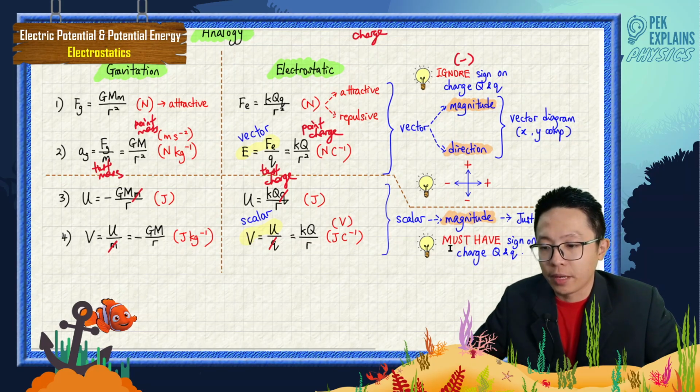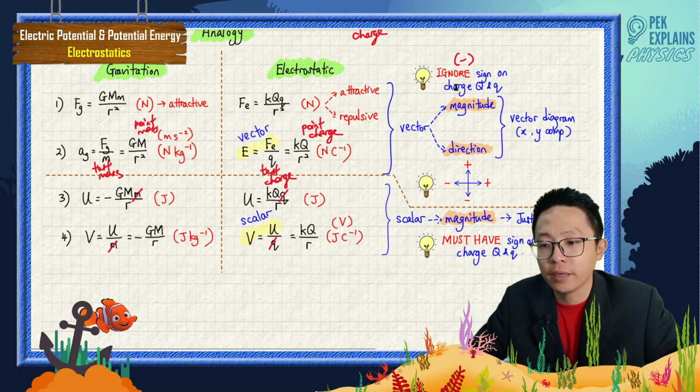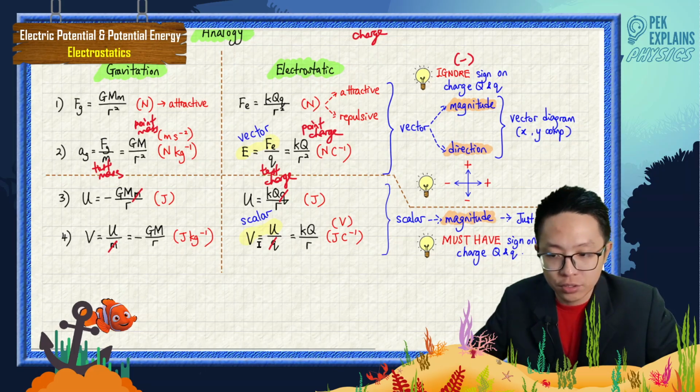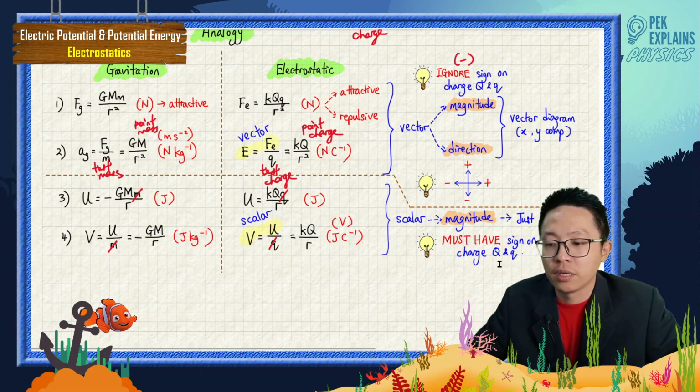But unlike the vectors force and electric field strength, where you ignore the sign of the charge Q or test charge when finding the magnitude, for the scalar quantities potential energy and potential you must substitute the sign of the charge Q and test charge when finding the total potential or total potential energy.